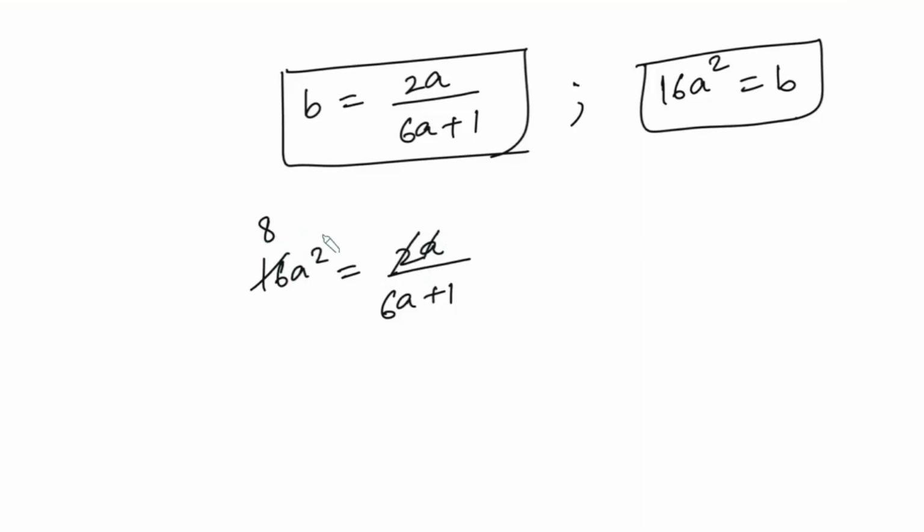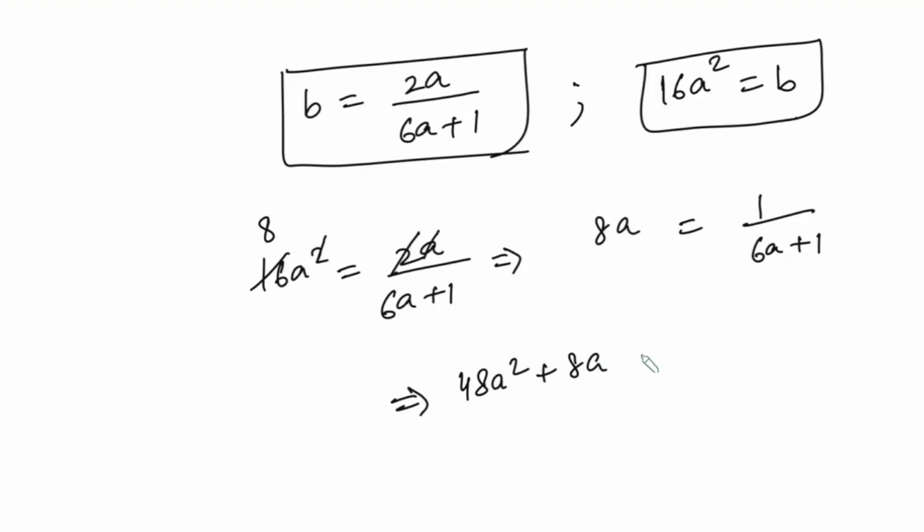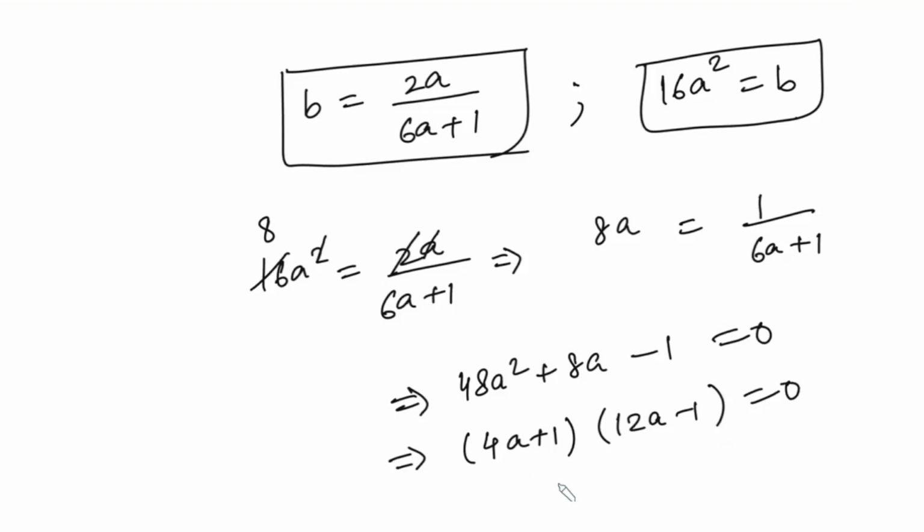And we can cancel out one A. So we have 8A is equal to 1 over 6A plus 1, which is the same as 48A square plus 8A minus 1 equals 0, which can be factorized as 4A plus 1 times 12A minus 1 equals 0, from which we get two values of A as A is equal to negative 1 over 4 and 1 over 12.